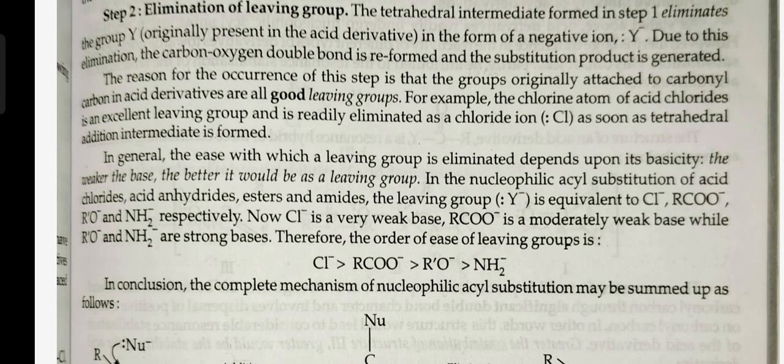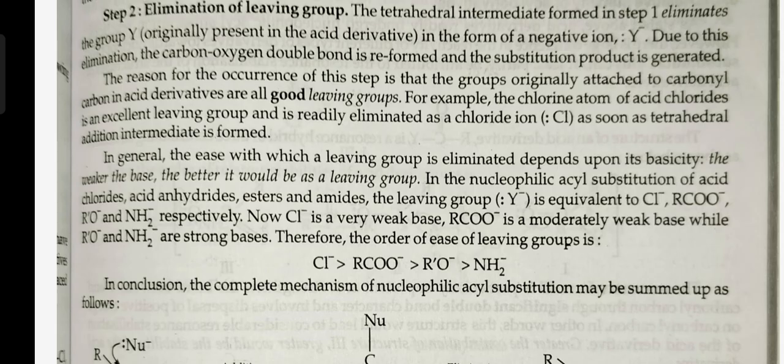In general, the ease with which a leaving group is eliminated depends upon its basicity. The weaker the base, the better it is as a leaving group. In the nucleophilic acyl substitution of acid chloride, acid anhydride, ester and amides, the leaving group Y- is equivalent to Cl-, RC=OO-, RO- and NH2- respectively.